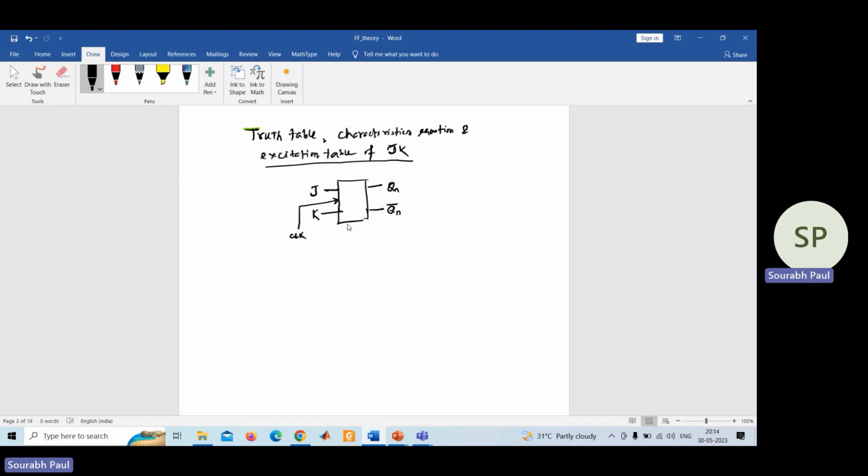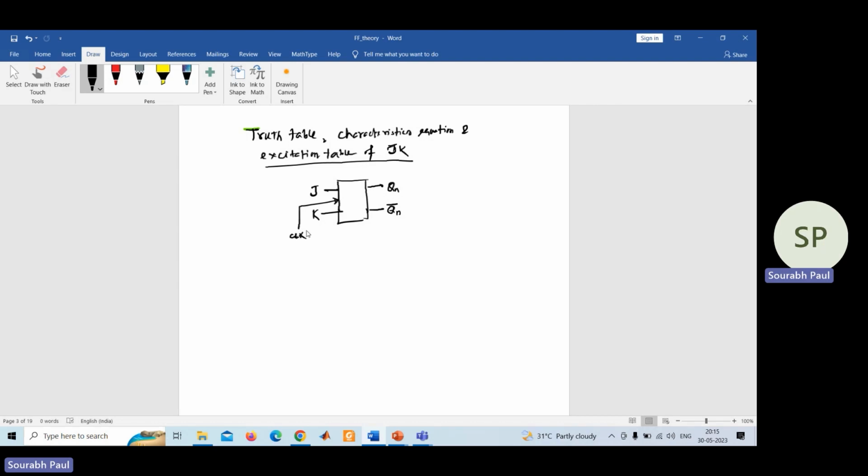Now, how to find out the truth table for JK flip-flop or for any other flip-flop also? What principle do we need to follow in order to find out the truth table? The input will be given to us and the present state or present output will be given to us. Based on that, we need to identify what the next output will be. How is my output getting changed?